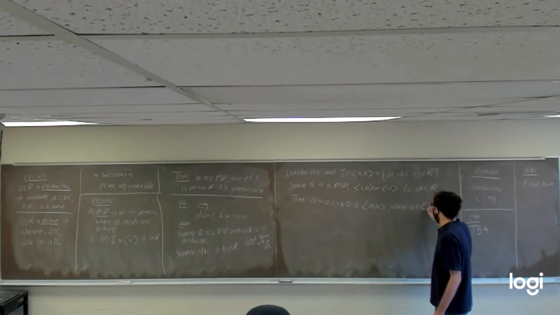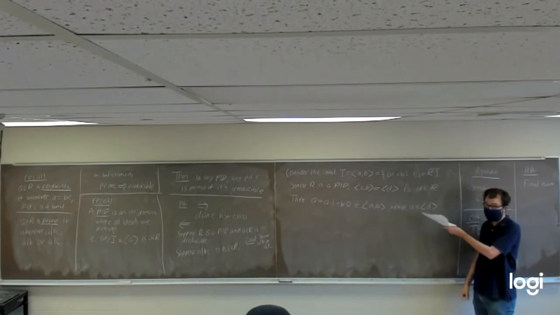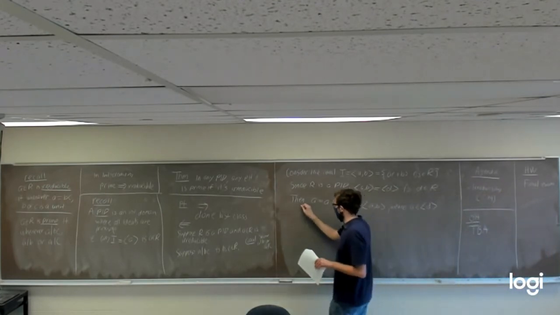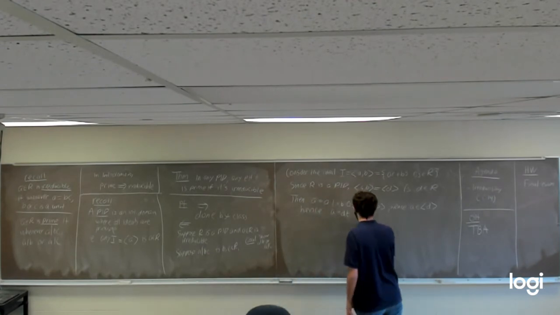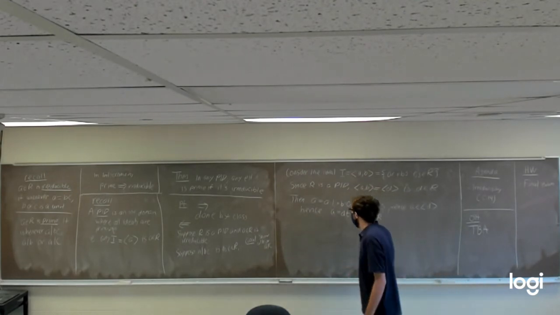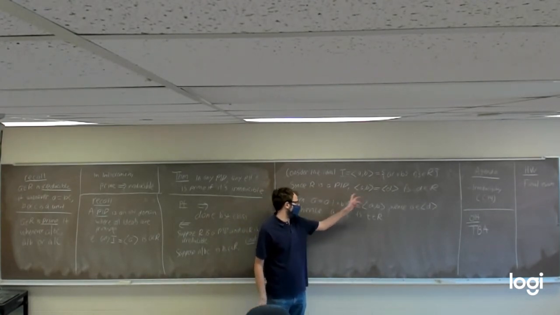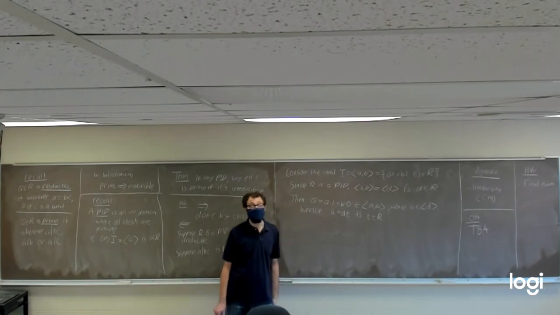Hence, A is in the ideal generated by D, because the ideal generated by A and B is the same as the ideal generated by D. Hence, A is equal to D times T for some element T in our ring R. So this tells us A has to be the product of D, this generator of this ideal, times some other element T coming from our ring. And here's the catch.